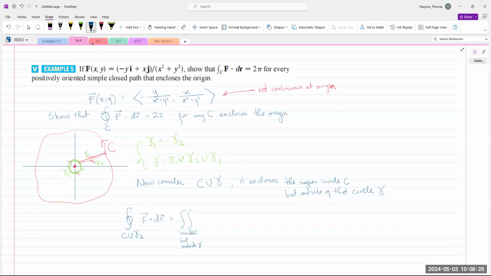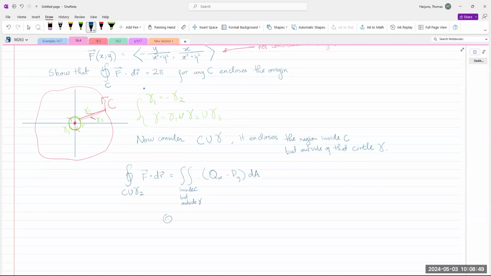Of, now we can do the q sub x minus p sub y of dA, where my q is x over x squared plus y squared, and my p is negative y over x squared plus y squared.